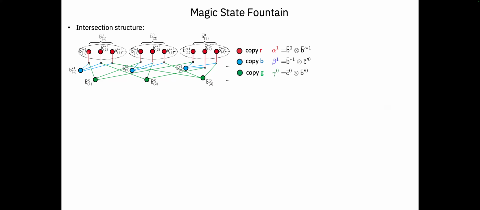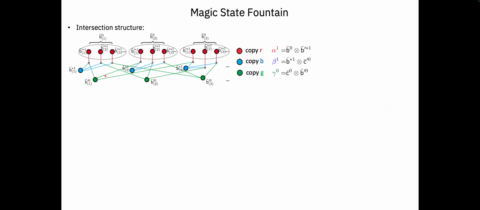What this really means is that for each green cocycle, all the red and blue qubits that couple to it will be multiplied together, and then you essentially measure the CZ operators between the red and blue copy that are all connected to the same green cocycle.